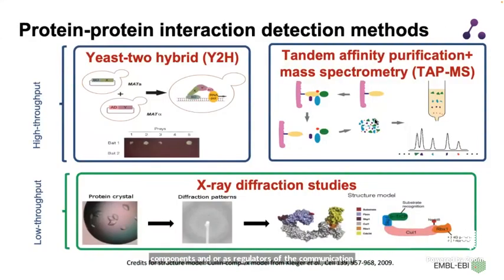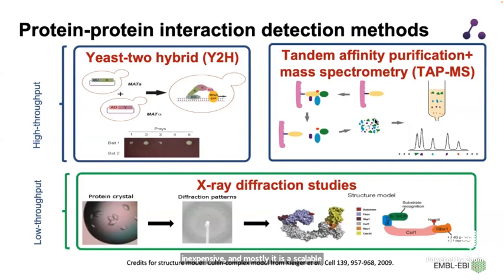There are multiple types of experimental methods that are used to detect protein-protein interactions. Two methods are important due to their use in high-throughput studies: the yeast two-hybrid complementation assay and tandem affinity purification followed by mass spectroscopy. The yeast two-hybrid assay is a fast, inexpensive, and mostly scalable method to detect binary interactions.